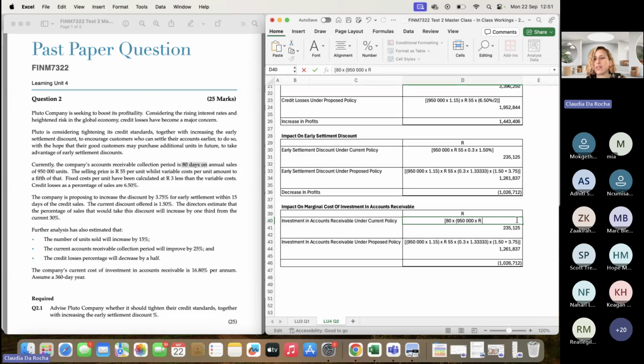times, again, it's at 55. It's just your variable cost in essence, minus what we did before, 1/5. And then we are going to divide it by 365 because that's what the formula asks.